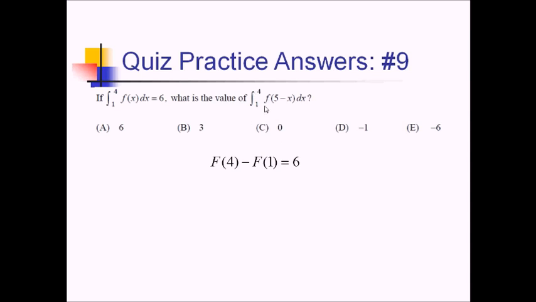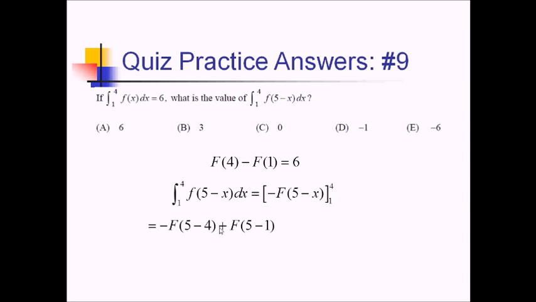So the antiderivative for this one is going to be big F of 5 minus x divided by negative 1. So negative big F of 5 minus x. And then we're evaluating that from 1 to 4. So I have negative big F of 5 minus 4 minus negative big F of 5 minus 1.